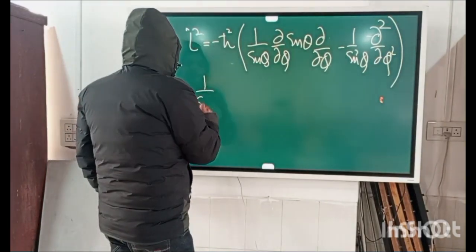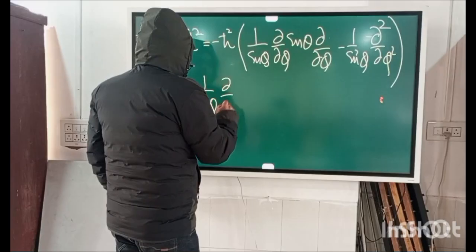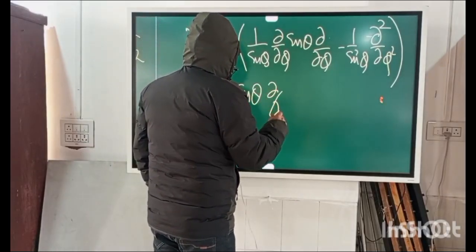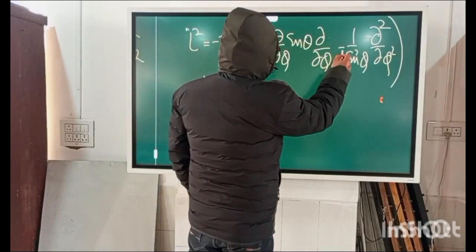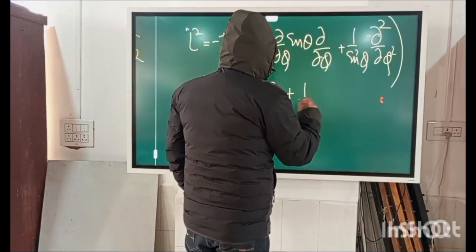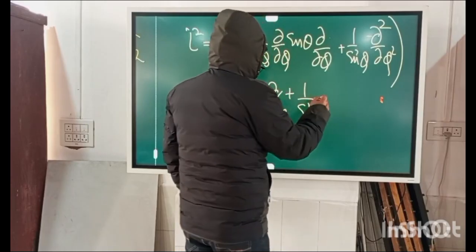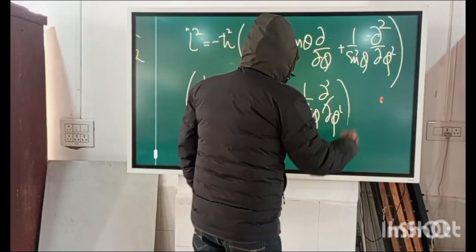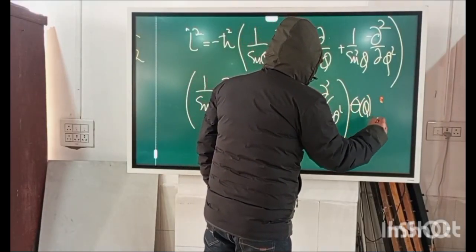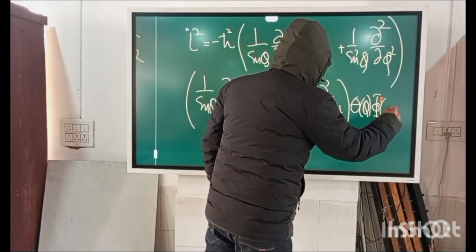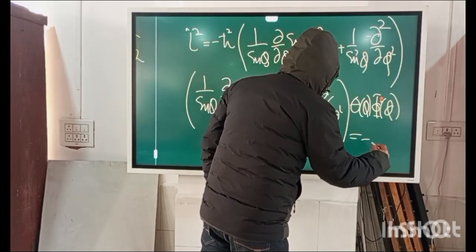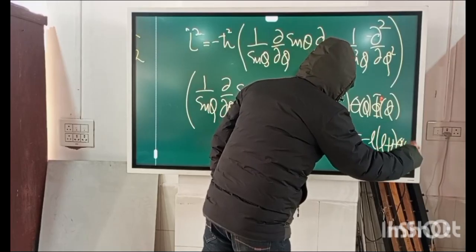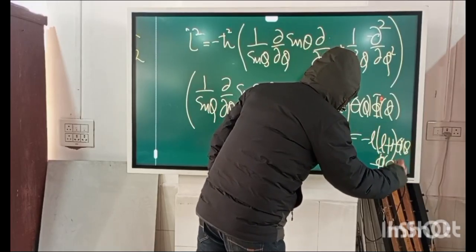that 1 by sine theta, dou by dou theta, sine theta, dou by dou theta, plus 1 by sine square theta, dou 2 by dou phi 2, acting on theta of theta and phi of phi, is equal to minus L into L plus 1 times theta of theta and phi of phi.